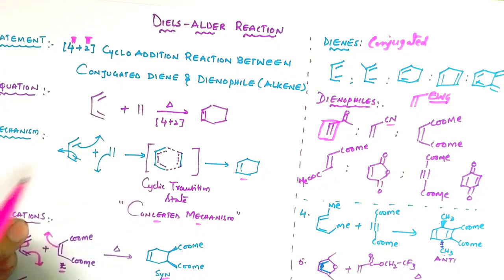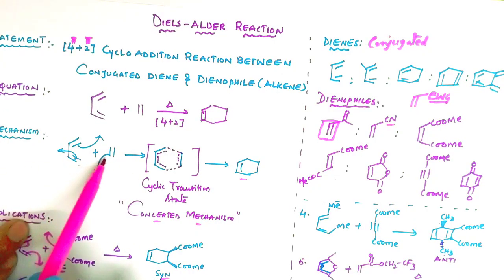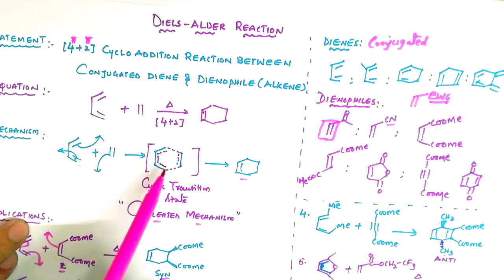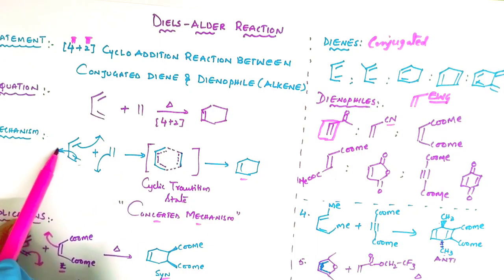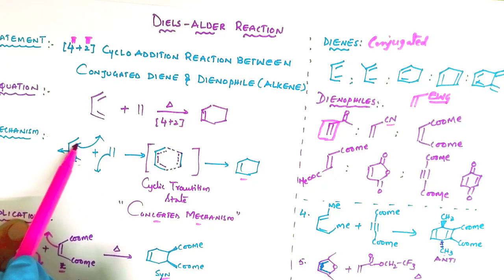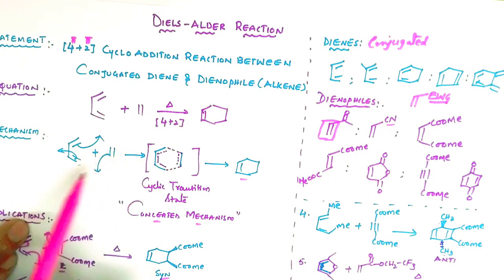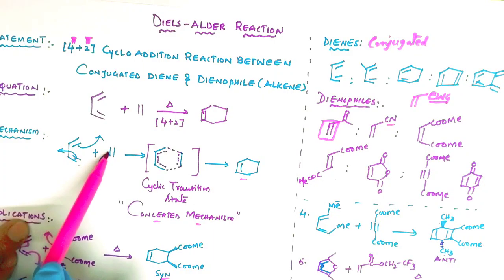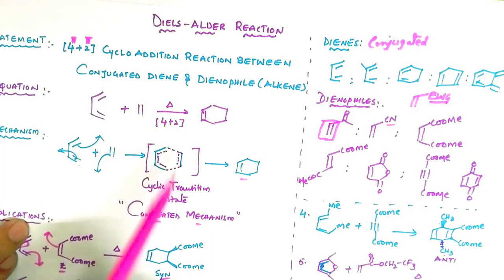So dotted line. These pi bonding electrons forming a bond between these two carbons. Dotted lines. These pi bonding electrons moving like and forming pi bond. So dotted lines. These bonding electrons are breaking. Dotted lines. These bonding electrons are also breaking. Dotted lines. In this way we can create the cyclic transition state.